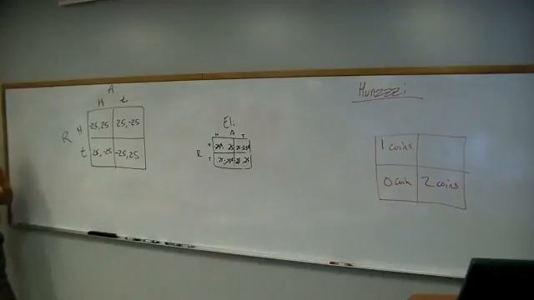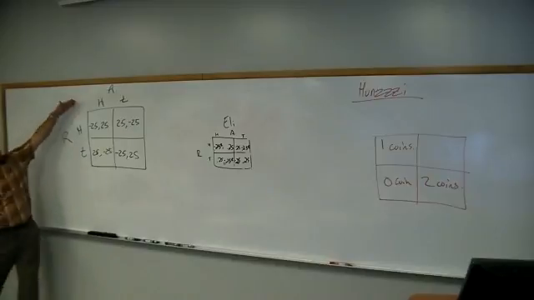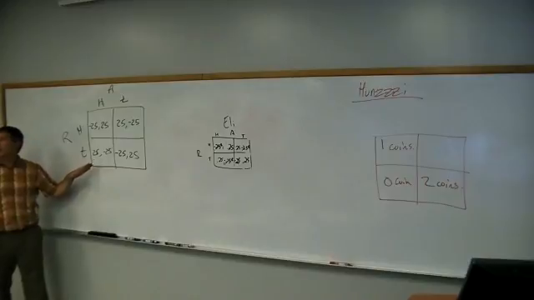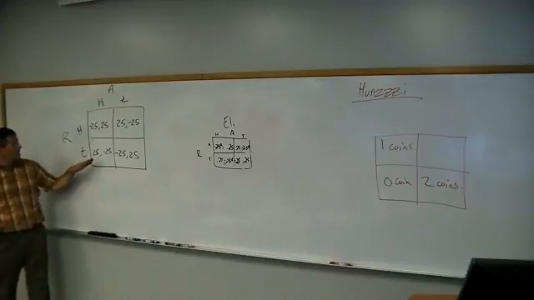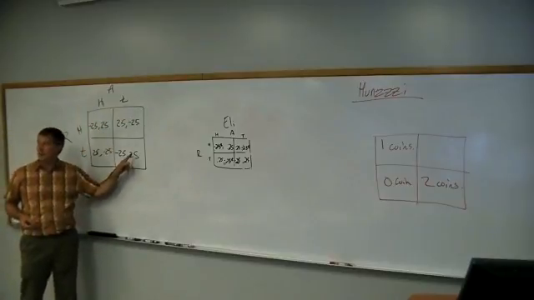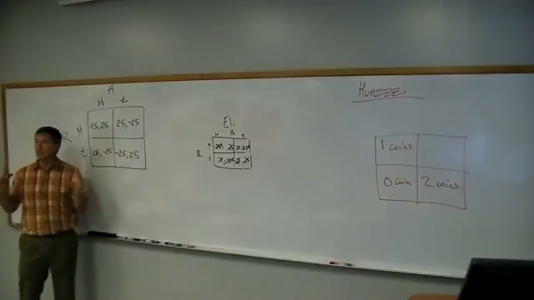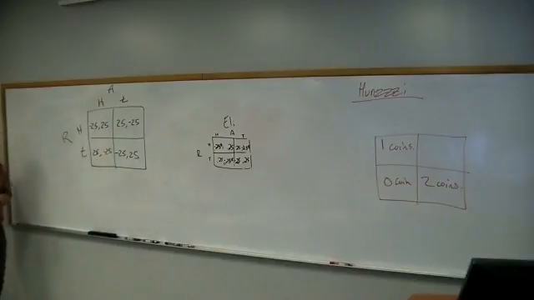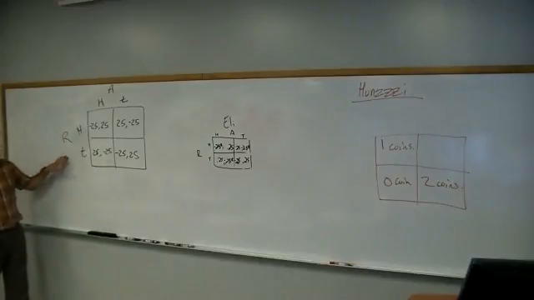So, is there a dominant strategy? Sorry, let's do dominant strategy. If Ashley plays heads, what would be Russ's move? Tails, because 25, right? If Ashley plays tails, what would be Russ's move? Heads. So it's the opposite. So no dominant strategy. Remember, you have to have a strategy that you pick all the time. And then the same thing's going to hold for Ashley if we did it vice versa.